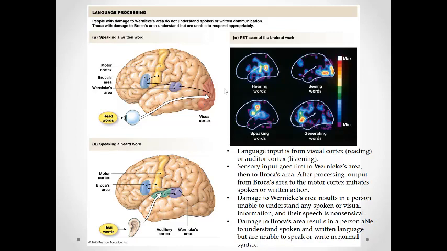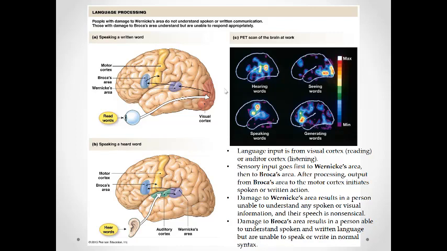The sensory information is first going to go to the Wernicke area, and then it will go to the Broca's area. After processing output from the Broca's area, the motor cortex gets involved, especially if speech needs to occur or if notes need to be taken, so if writing has to occur.